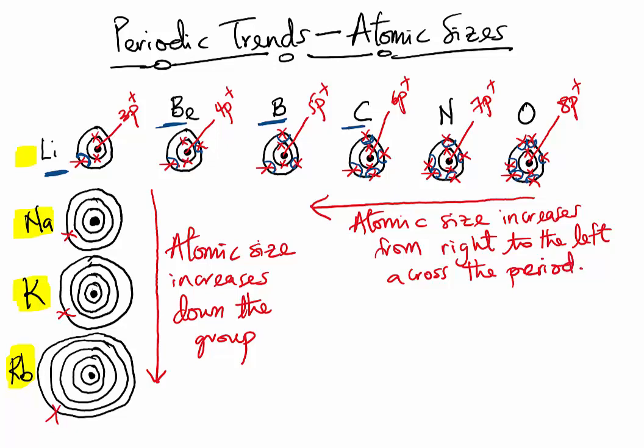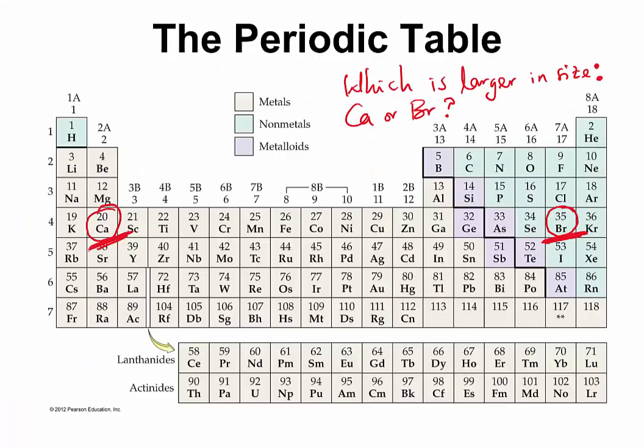That is why, going back to our original question, calcium will be a lot larger in size than bromine, because although calcium has fewer protons and electrons than bromine, calcium would experience less nuclear pull on the same energy level.